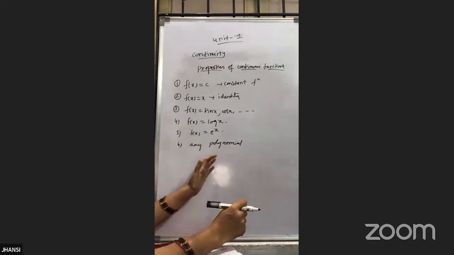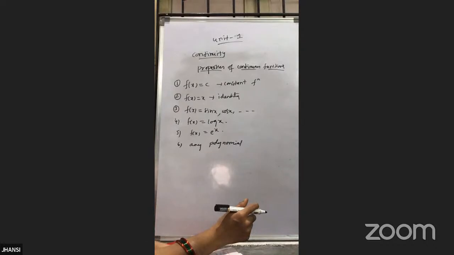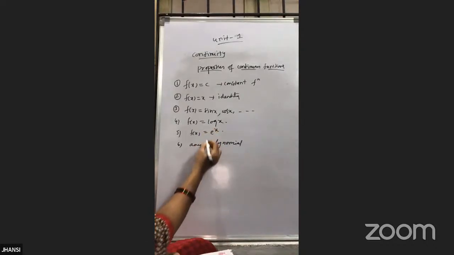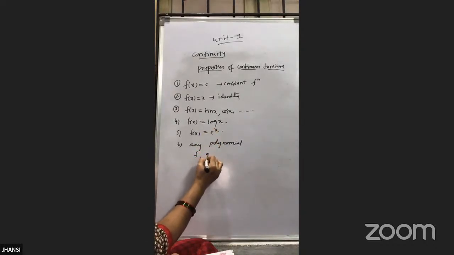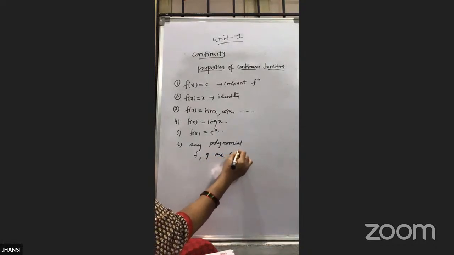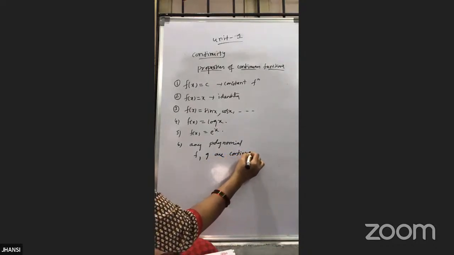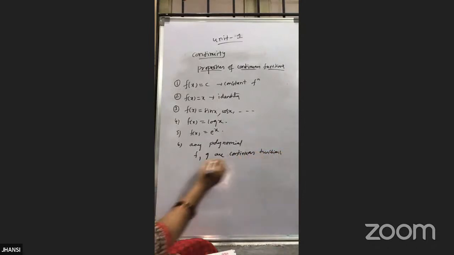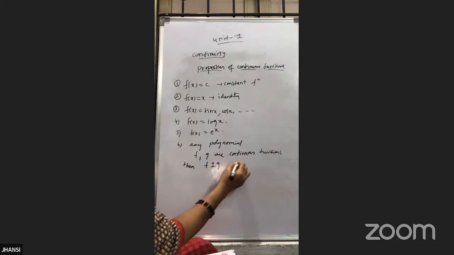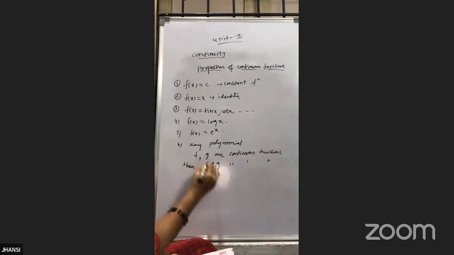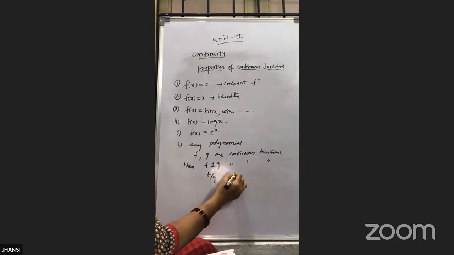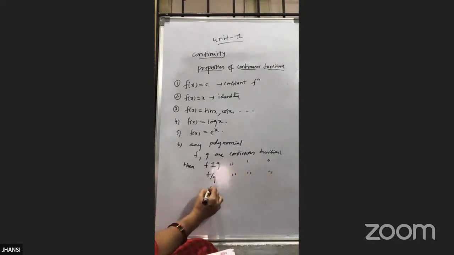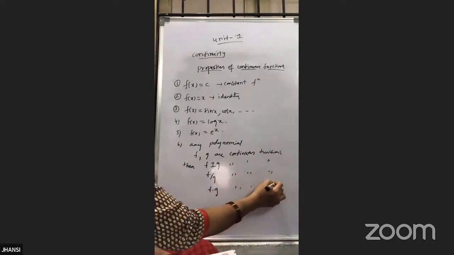And you have seen the properties of limits, no? That is f plus or minus g. If f comma g are continuous functions, then f plus or minus g is also a continuous function. f by g is also a continuous function, and f into g is also a continuous function.